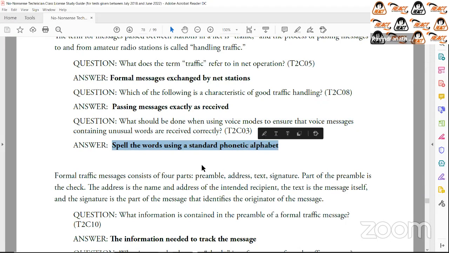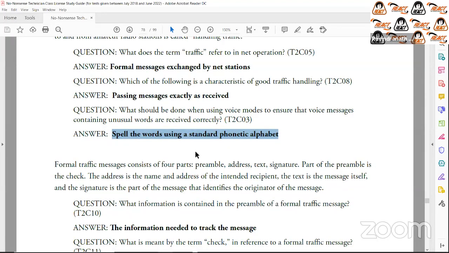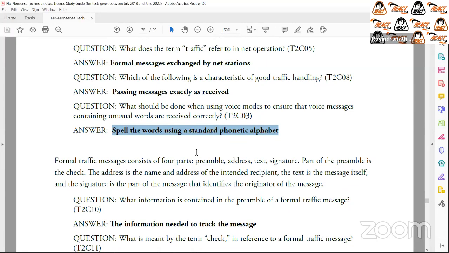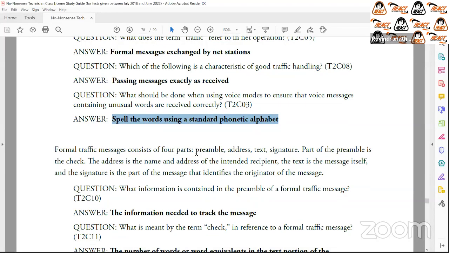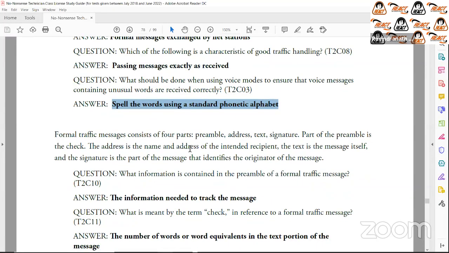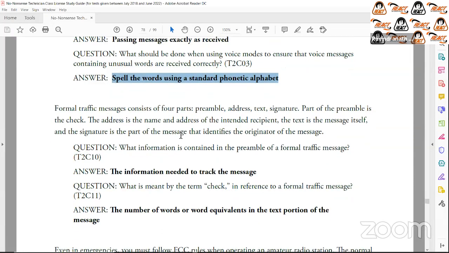To do that, we spell the words using a standard phonetic alphabet. Remember, you don't need to know it for this particular exam, but I encourage you to please learn the phonetic alphabet if you can. Alpha, Bravo, Charlie, Delta, Echo, Foxtrot, etc. We have a slide on that. So please consider committing it to memory. It's not required for the exam though, but it will help you be a much better amateur radio operator.